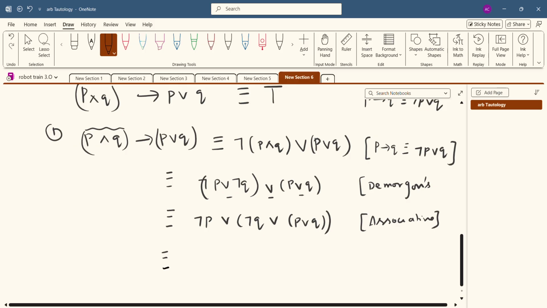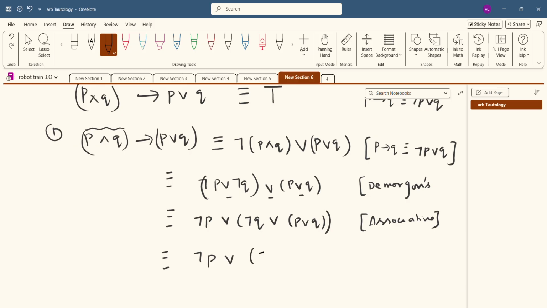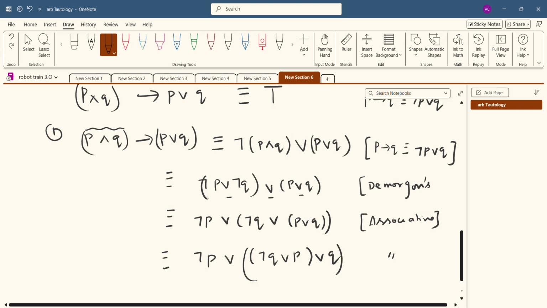So this is the same as negation P union negation Q union P. Once again I am going to apply the same associative law.